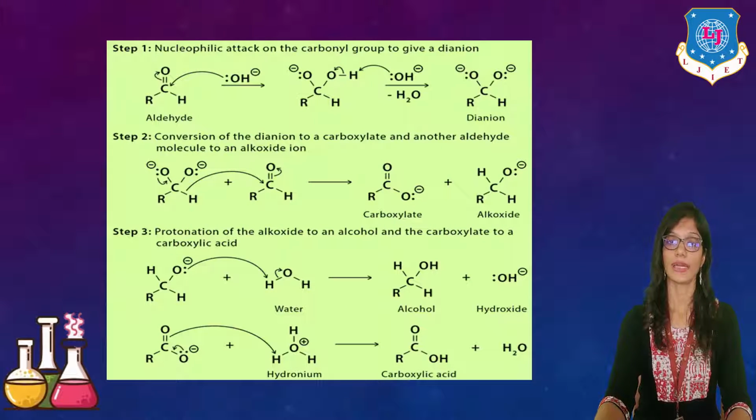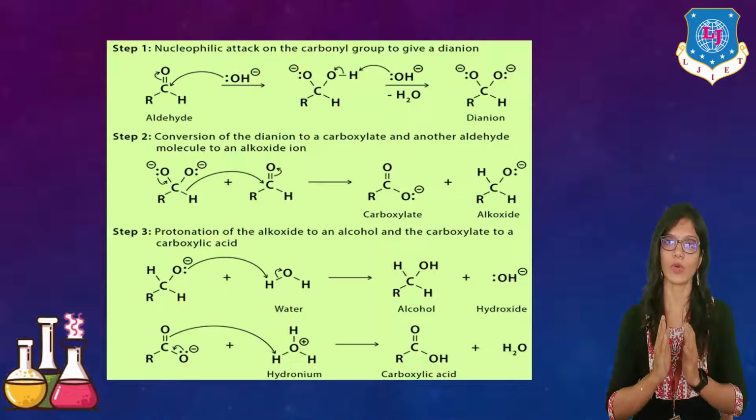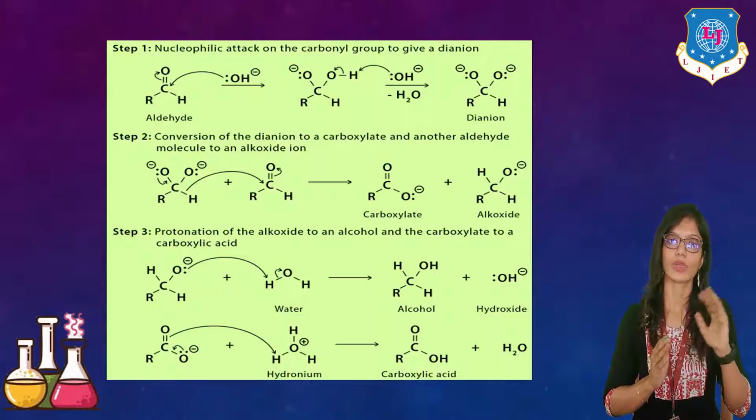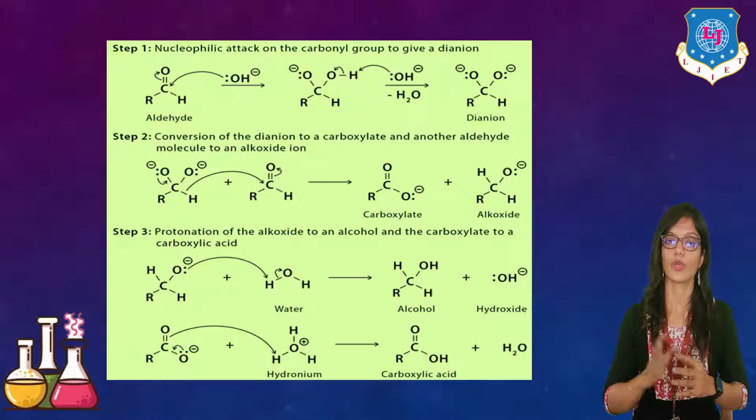Nucleophilic attack on the carbonyl group is done to give a dianion. That is the first step. The OH minus from NaOH will attack the carbon which contains the double bonded oxygen, so first of all it will get converted into a dianion, as you can see in the image.